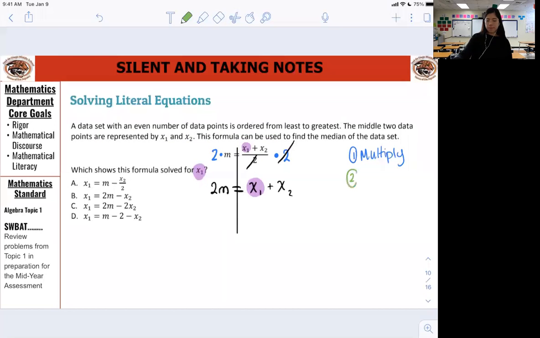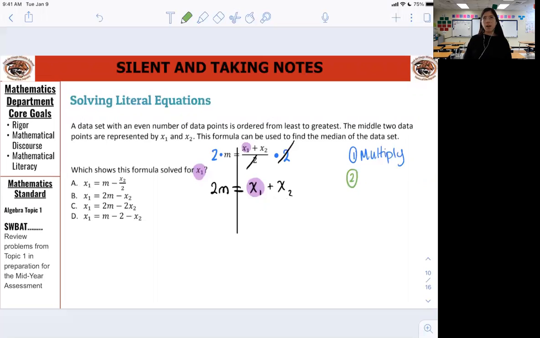By dividing everything by x1. If I divide by x1, that's not going to get rid of my x1, because I'm not using multiplication here.